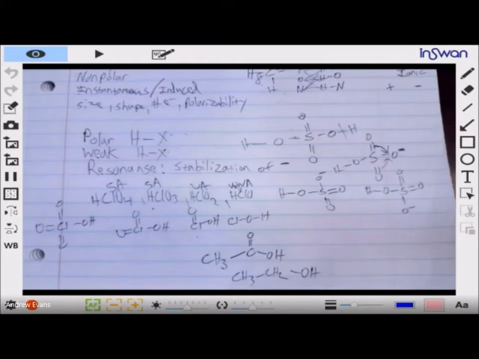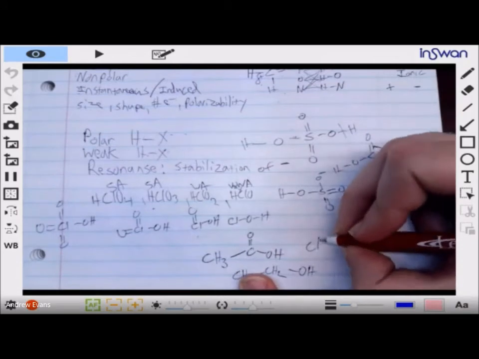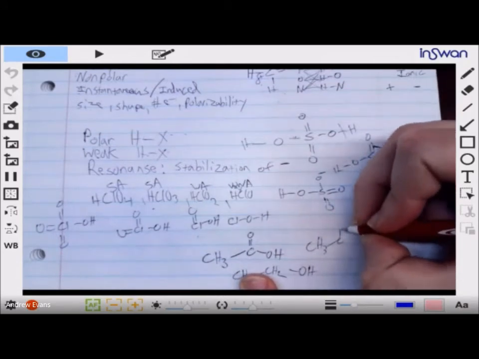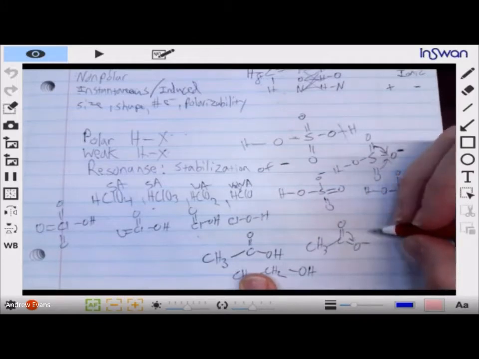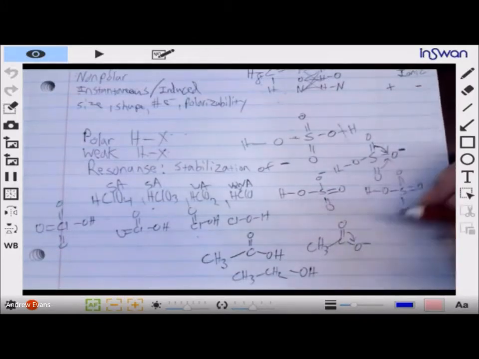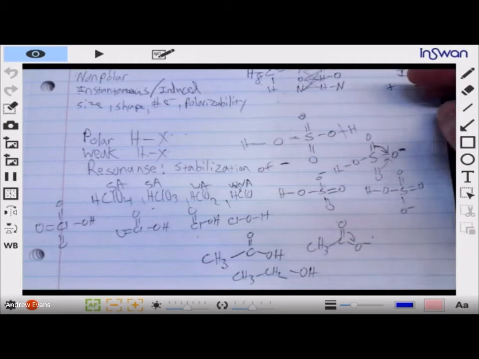Ethanol is not an acid in water. Acetic acid is. It's a weak acid, but it is, because when it loses that proton, it is allowed to resonate between the two structures. We're allowed to move that charge around and make that double bond.